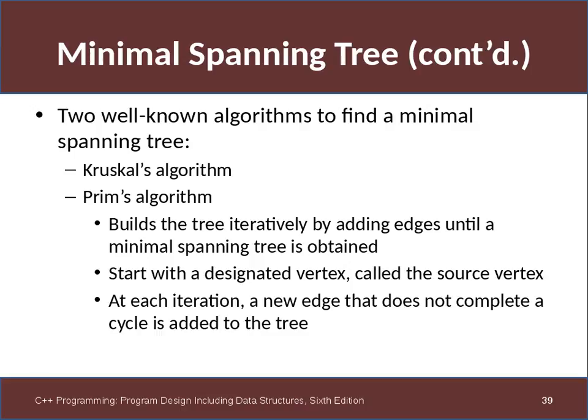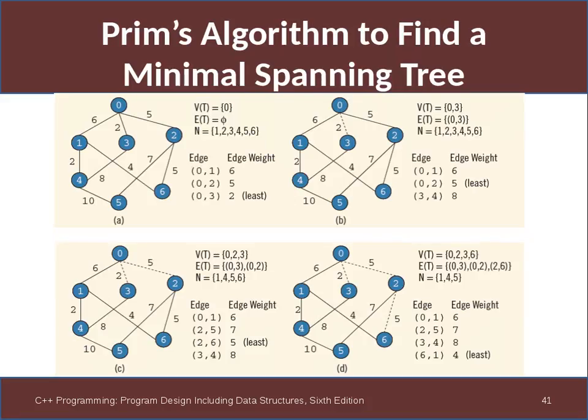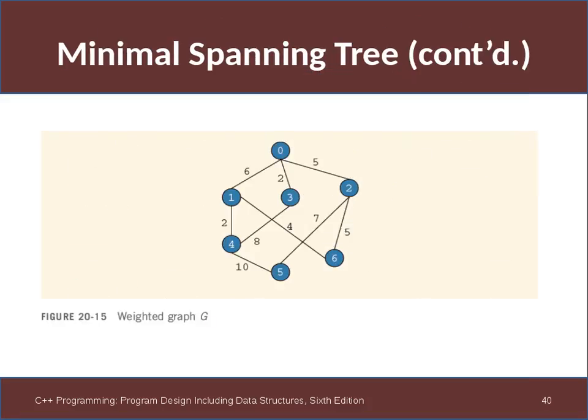So start with some vertex, don't really care which. At each iteration, add a new edge that does not complete a cycle, add it to the tree. Okay, that's really it. Sounds fairly easy, but when you code this up, you're going to be using a lot of little data structures. We're going to use the stuff we learned.